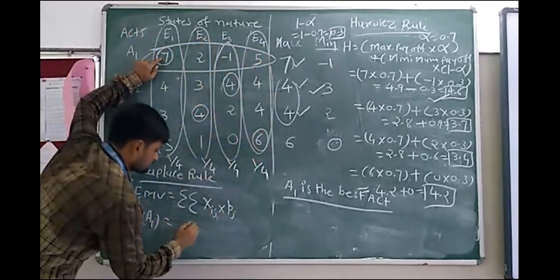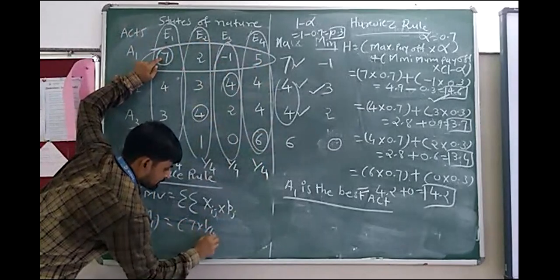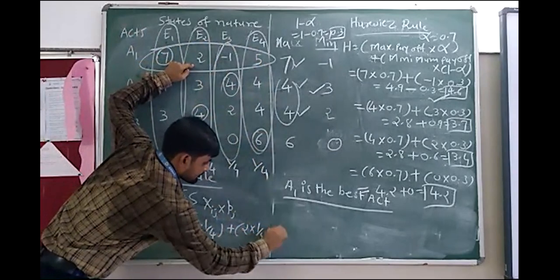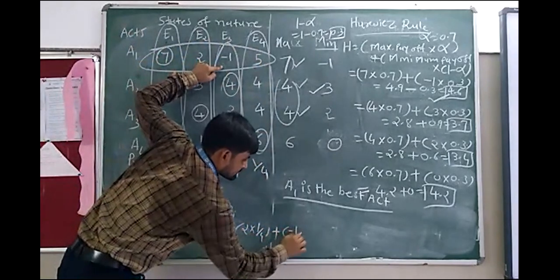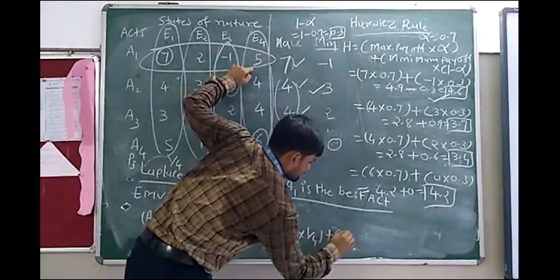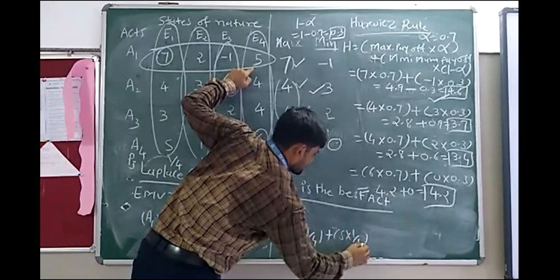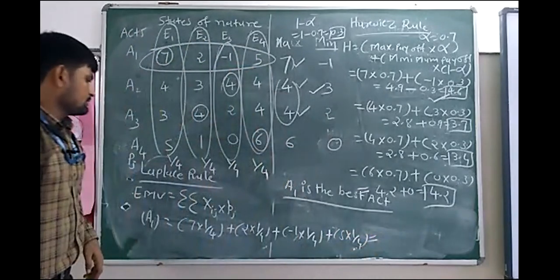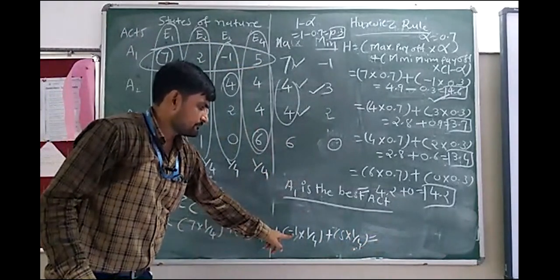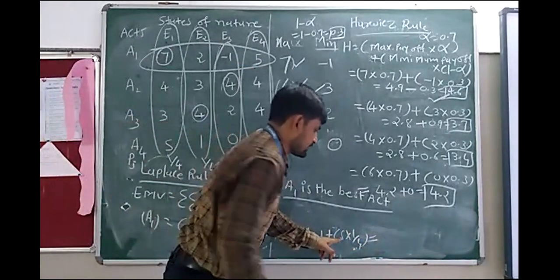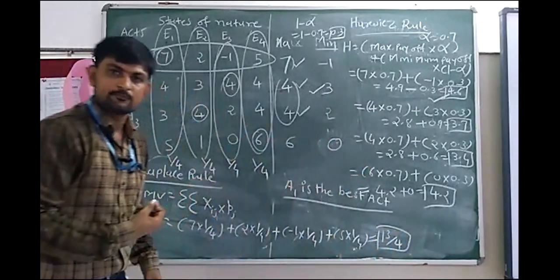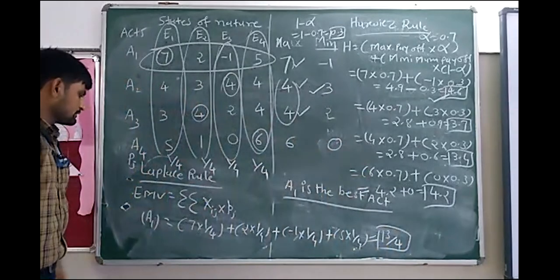So we can say 7 into 1 upon 4 plus 2 into 1 upon 4 plus -1 into 1 upon 4 plus 5 into 1 upon 4. So 7 plus 2, 9, 9 minus 1, 8, and 8 plus 5, 13. Because 1 upon 4 is common, we'll get 13 by 4.